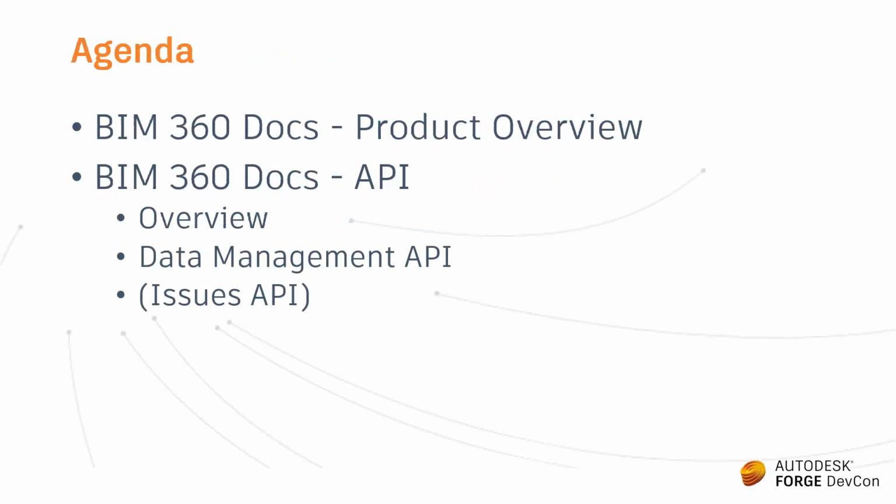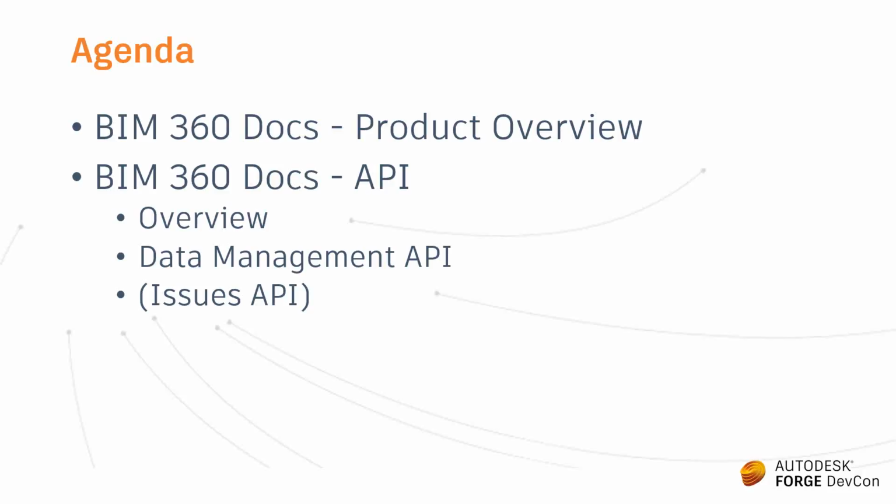Agenda. I'm going to start with a very quick, super quick overview of the BIM 360 Docs product side. I'm thinking that there may be developers who are less familiar with BIM 360 Docs as a product, so I'll give you a very quick overview.